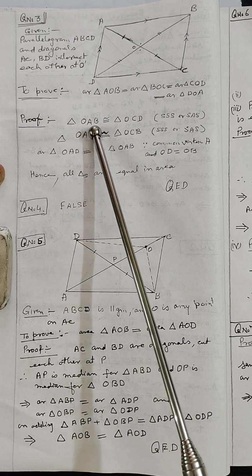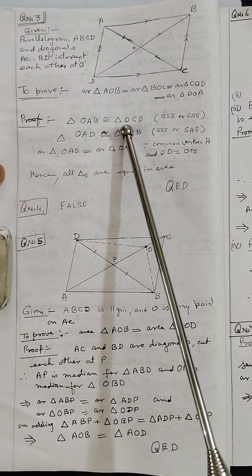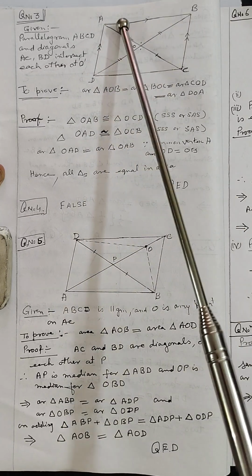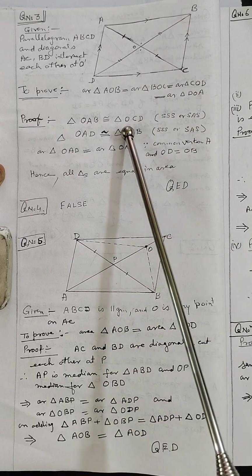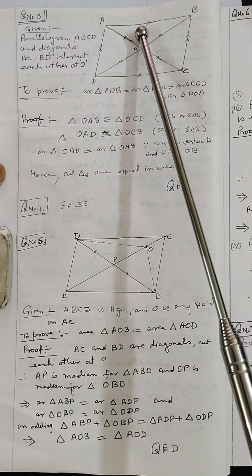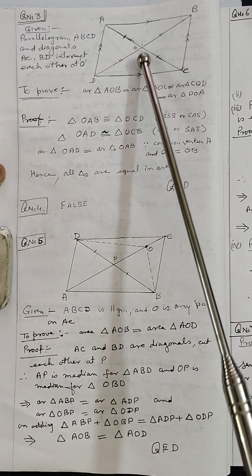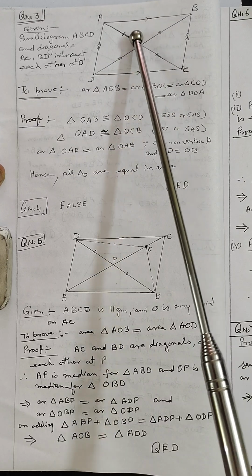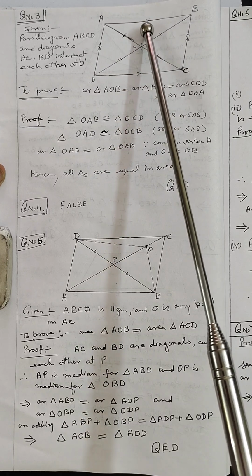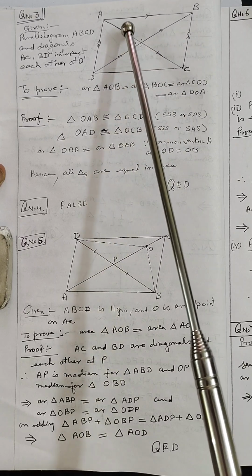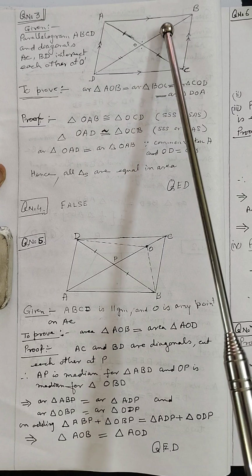Triangle OAB is congruent to triangle OCD. OAB, the upper triangle, and OCD, the lower triangle. You can apply these 2 criteria of congruency, side-side-side, or side, angle, side.